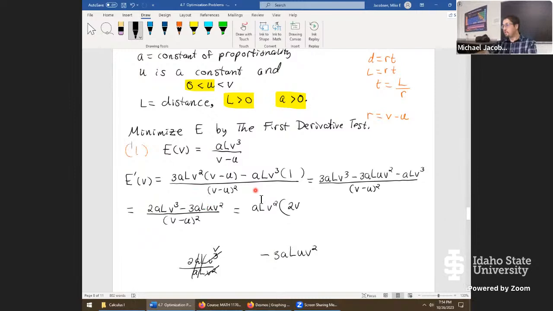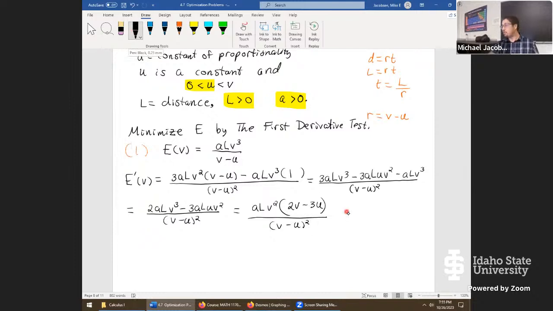So that's the second term. Divide out ALV squared. So A cancels, L cancels, and V squared cancels. It just leaves minus 3U. So that's our scratch work for getting through that. And that looks like its final factored form. It's degree 1 on the variable V, so I wouldn't want to take it down any farther. And denominator, V minus U squared still.